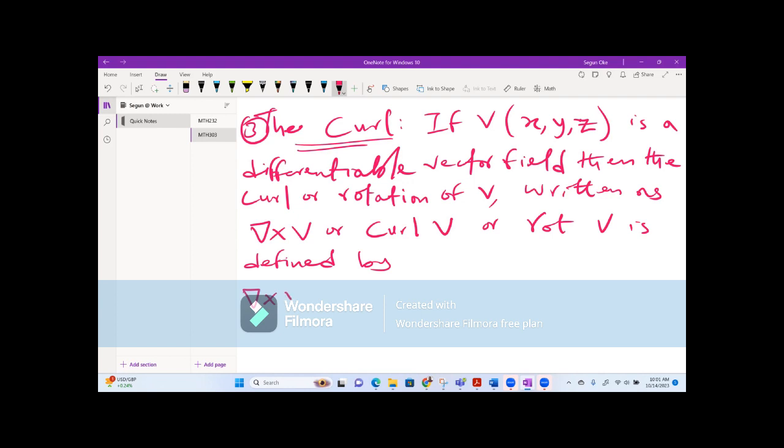Del cross V is the same thing as d/dx i plus d/dy j plus d/dz k, cross v1 i plus v2 j plus v3 k.